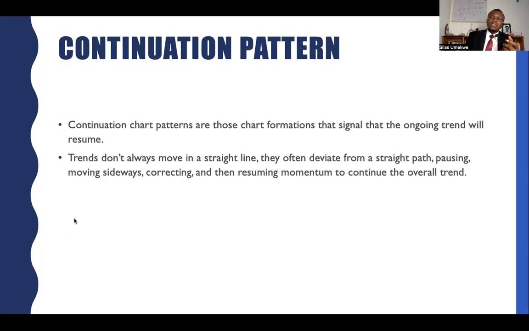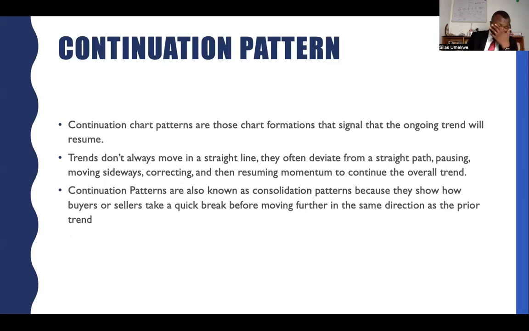So you need to understand when a pattern appears that shows this market has not reversed, it's just correcting. We are not there yet. Continuation patterns are also referred to as consolidation patterns. Why? Because they show how buyers and sellers take a quick break before moving further in the same direction as the prior trend.